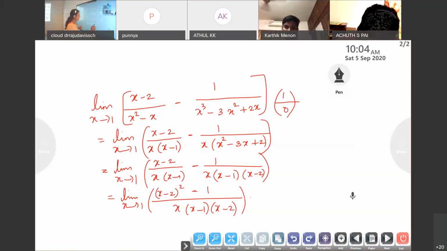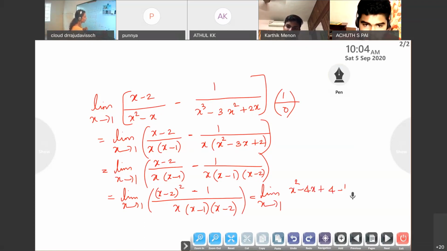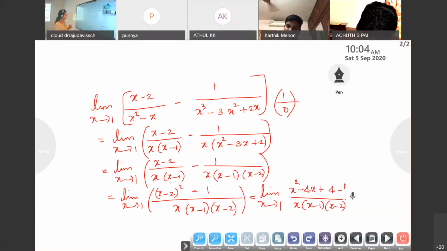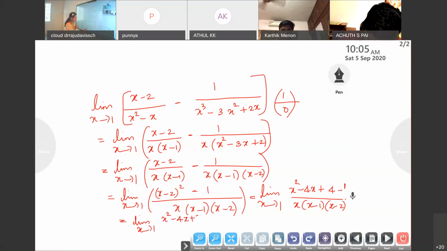So this is the same as limit x tending to 1. The numerator, when you expand it, you will get x squared minus 4x plus 4 minus 1, by the denominator x into x minus 1 into x minus 2. So now this is the same as limit x tending to 1 of x squared minus 4x plus 3 by x into x minus 1 into x minus 2.